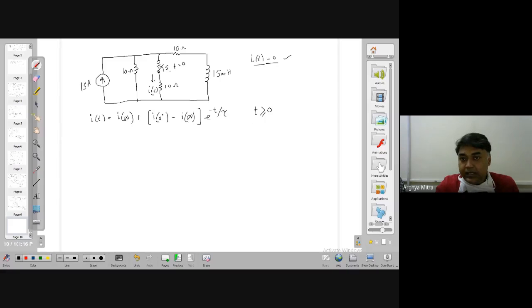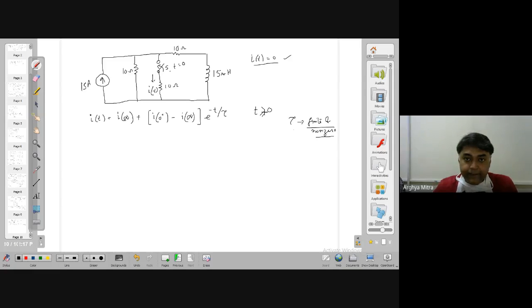The only condition is that tau must be finite and non-zero. Then only you can solve for I of t with this equation. Otherwise, not.